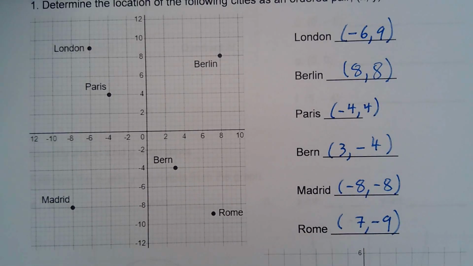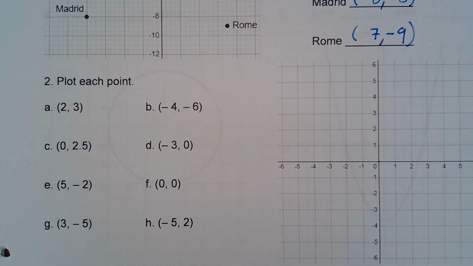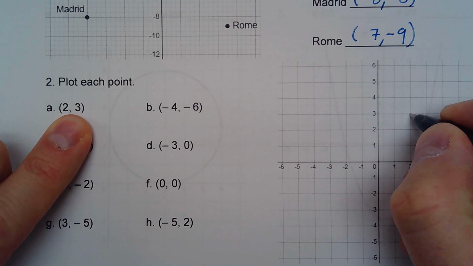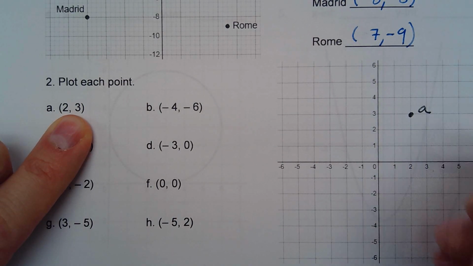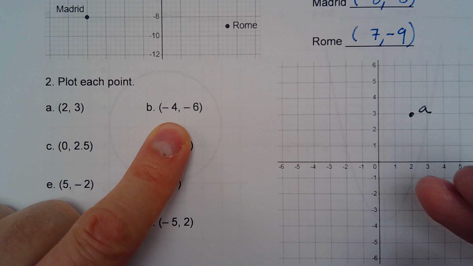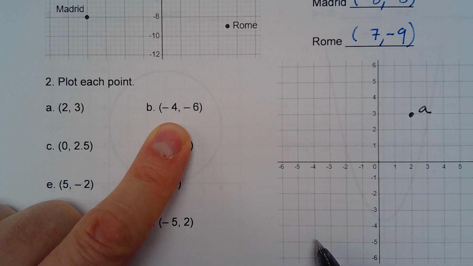Now let's go backwards. This time, let's say we're given a point and we want to plot each point. Looking at 2, comma 3, that's my point A. So I go over x equals 2, y equals 3. B is negative 4, negative 6, so I go out to x equals negative 4, then y equals negative 6.